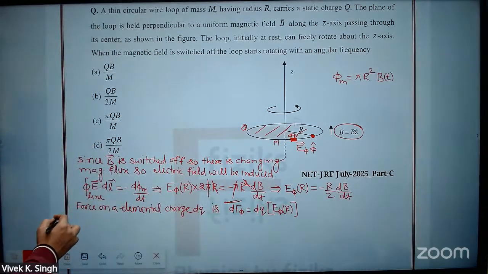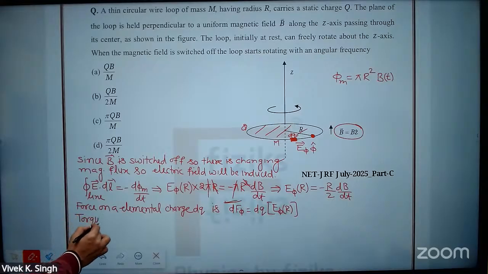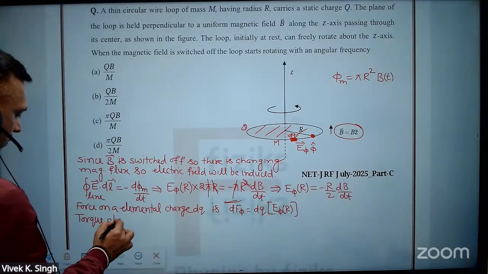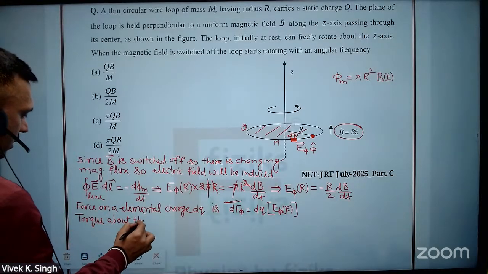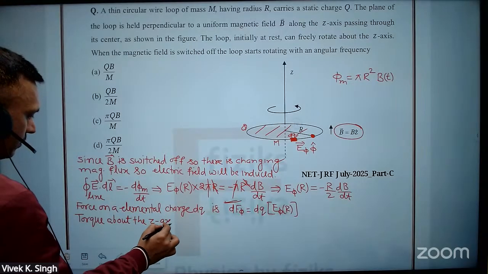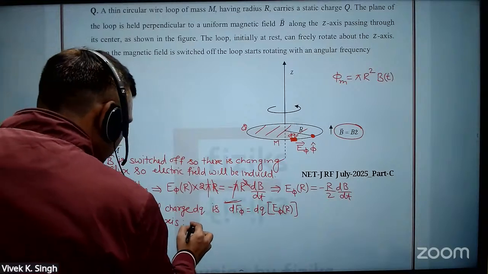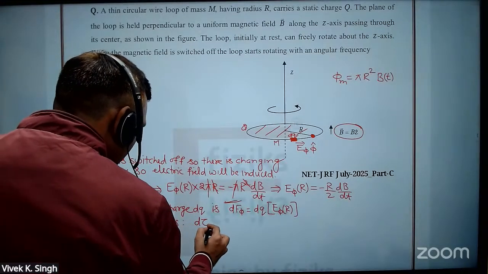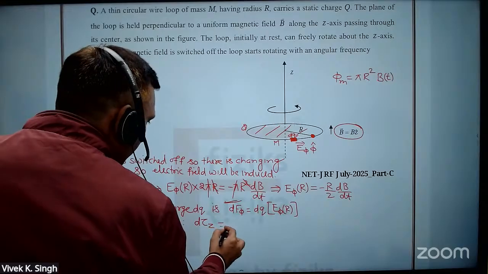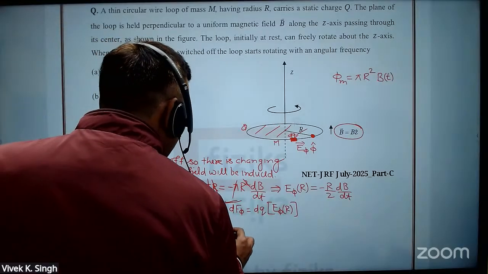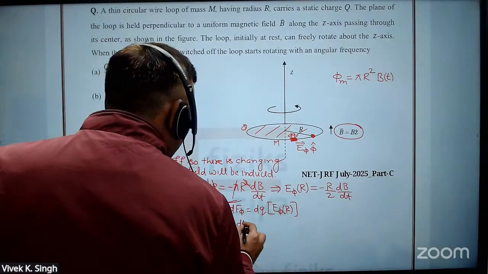So the torque about the z axis will be given by d tau z, and this is r into d f phi.